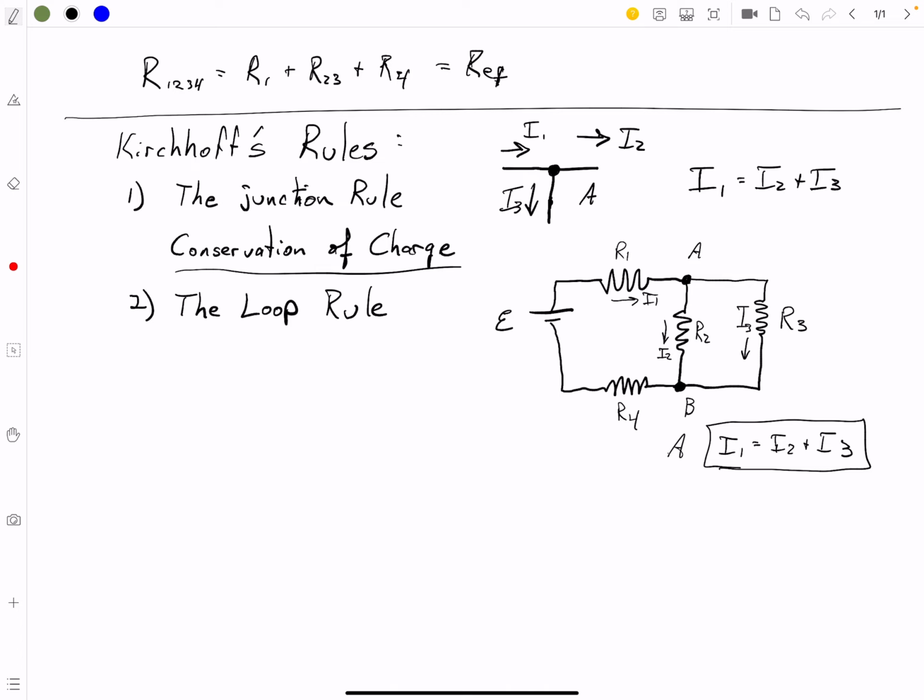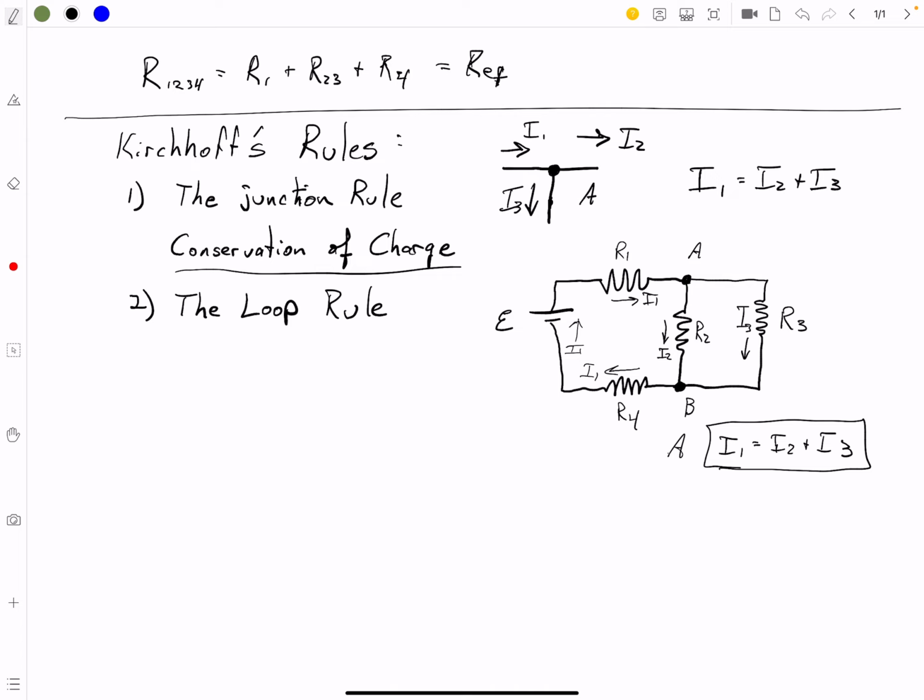Now, what about R4? What's the current across R4? Well, it's in series with R1 and the battery. So since it's in series, I1 has to be the same, right? So R4 is going to have I1, and the battery itself is going to have I1.